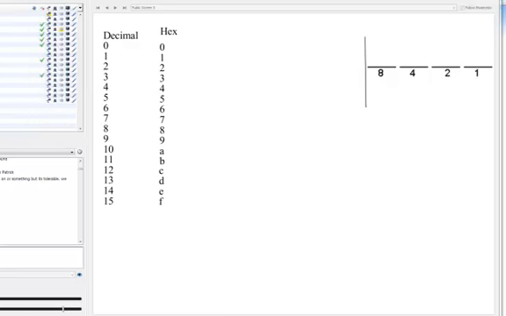Okay? Can somebody tell me what's the binary value for 0? I want it in 4 bits. While someone's typing in 0, I want 1. Somebody put the binary value in for 1.